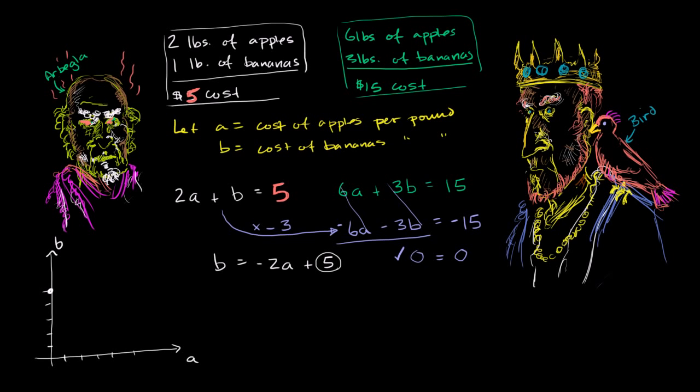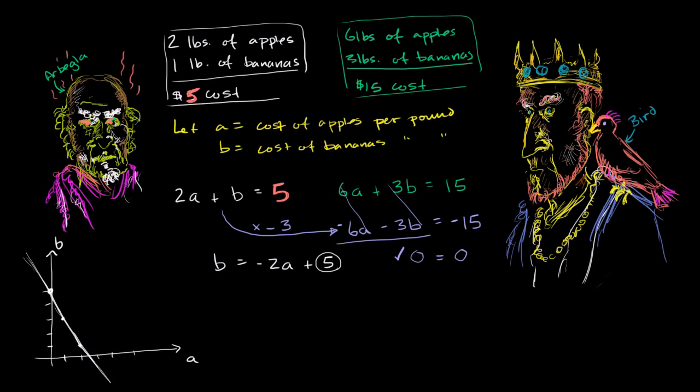Every time you add 1 to a, so if a goes from 0 to 1, b is going to go down by 2. So this first white equation looks like this. If we graph the solution set, these are all of the prices for bananas and apples that meet this constraint.